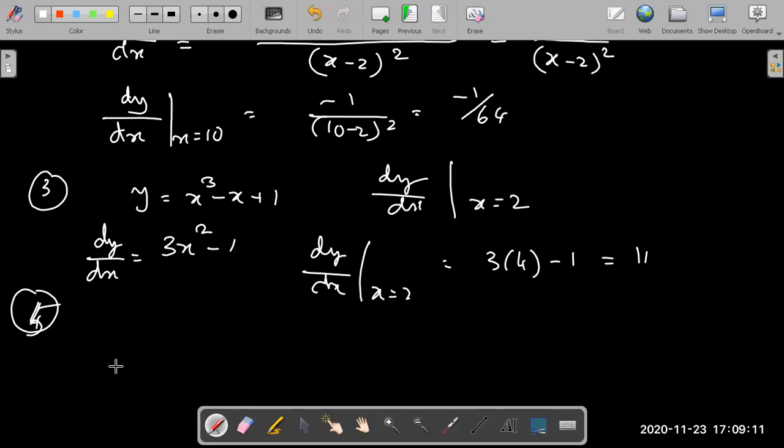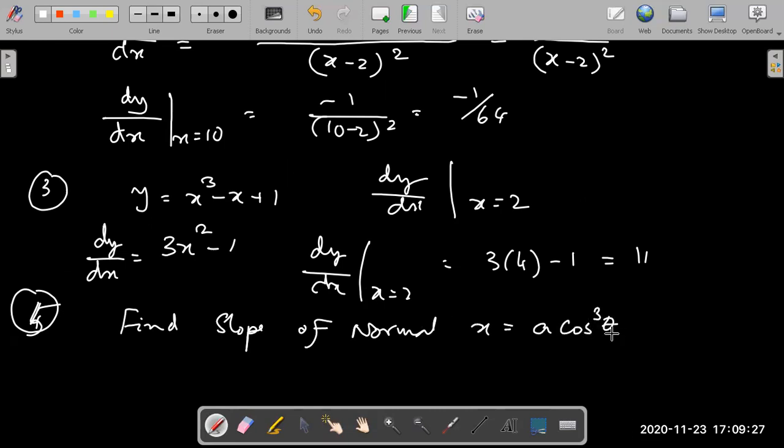The fifth question is find the slope of the normal to the curve. This is a good question. So x is equal to a cos cube theta and y is equal to a sine cube theta at theta equal to pi by 4.